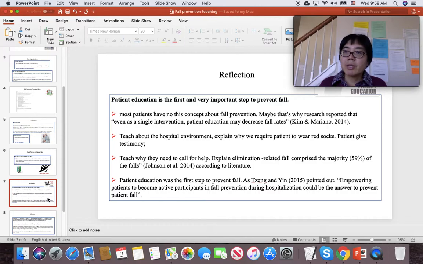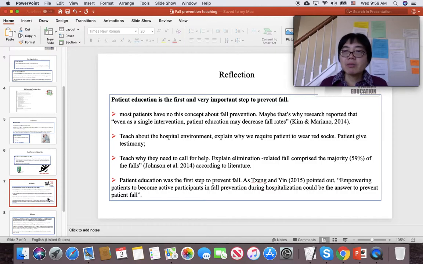I also explain why they need to wear the red socks, or if they don't wear the red socks, they need to wear shoes. After my explaining, one patient said, "Oh, my wife went to the bathroom barefoot, tripped and got a hip fracture and was hospitalized. It's a tragedy."